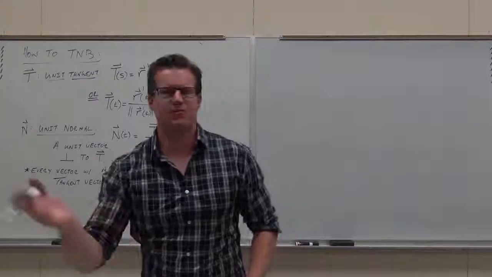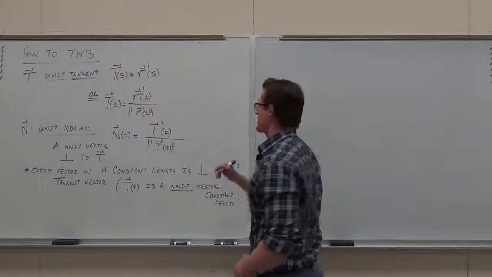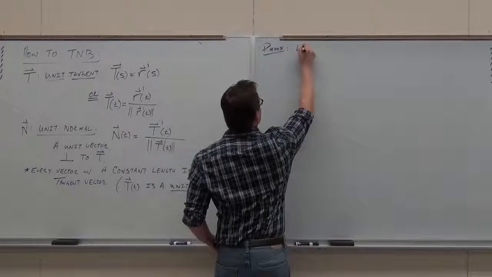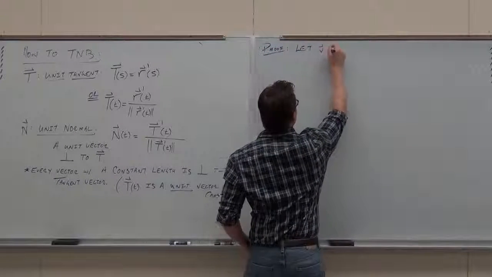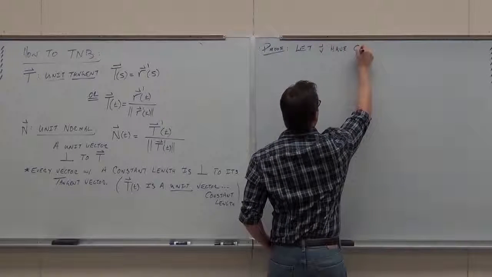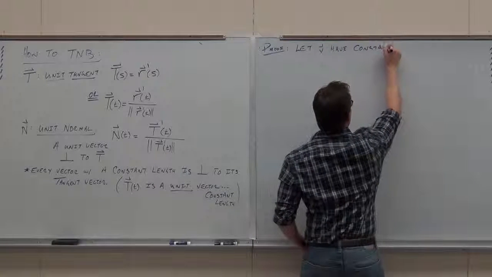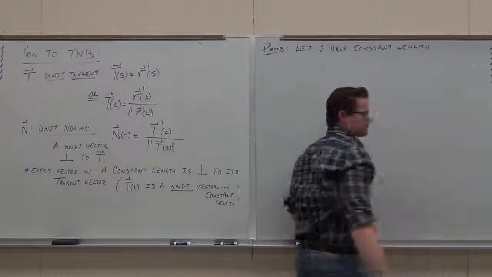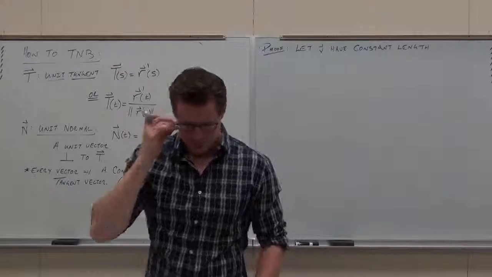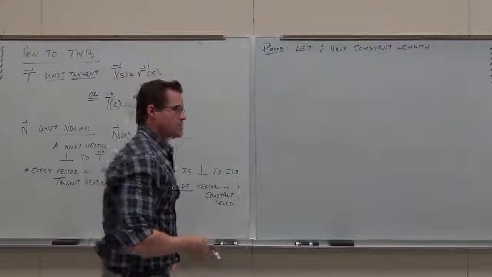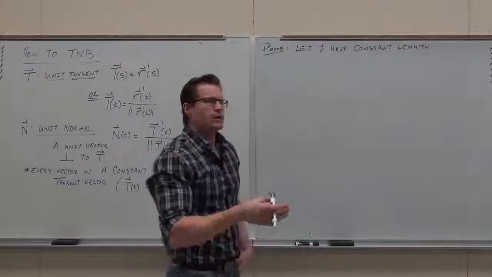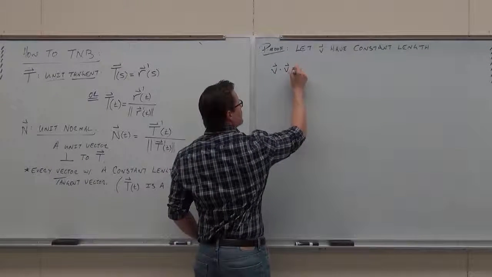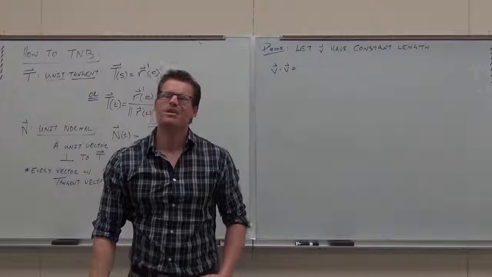So let v be a vector with constant length. Now, by definition, we know that if we dot product a vector with itself, think about this for a second.